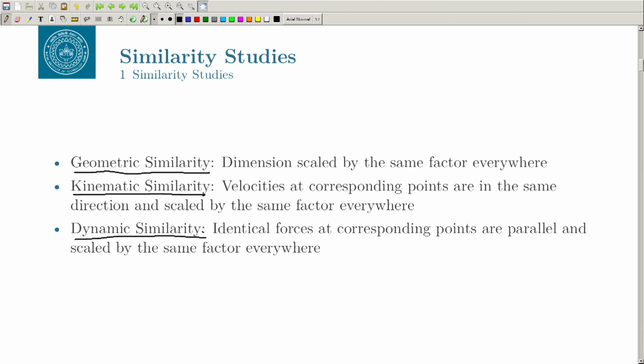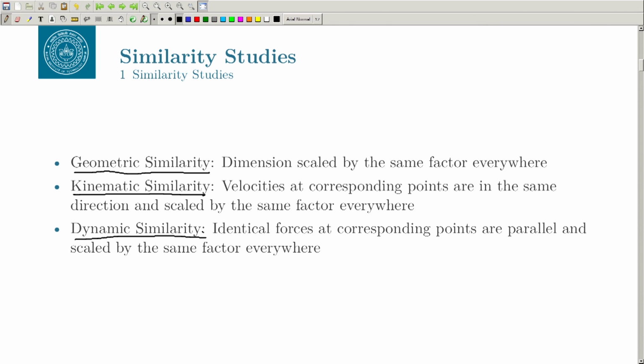So, what geometric similarity says is that the shape of the prototype and the model must be the same, not the size. The shape must be the same, and the model can be scaled down or scaled up, it's up to you, by the same factor everywhere.